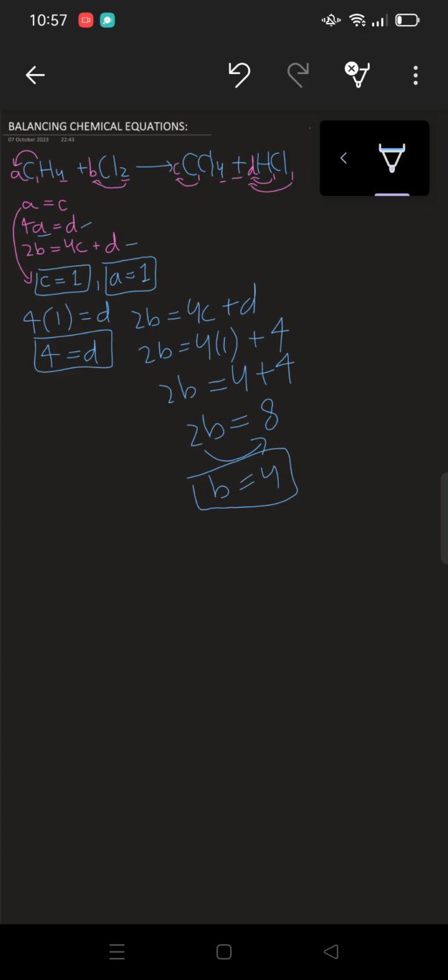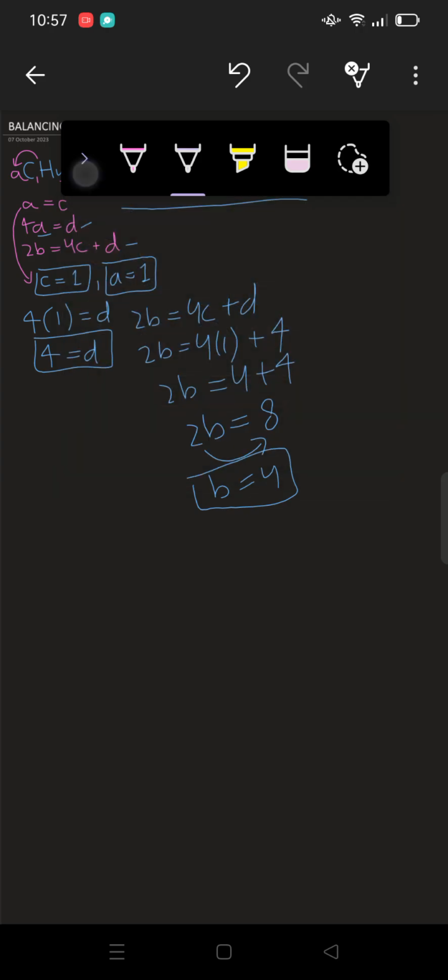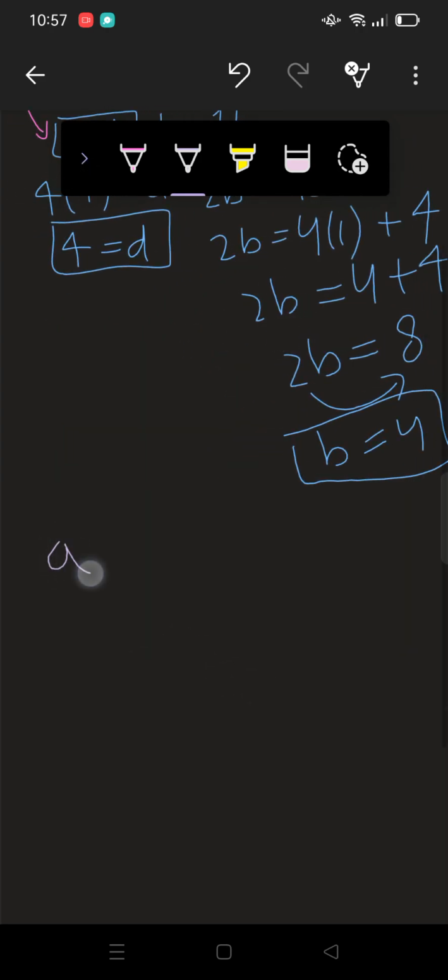Now let's put the values of these variables into the equation, right? So let me write this equation once again, writing variables with this color.